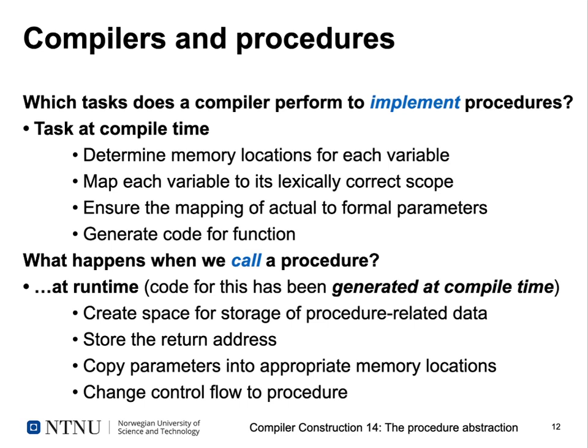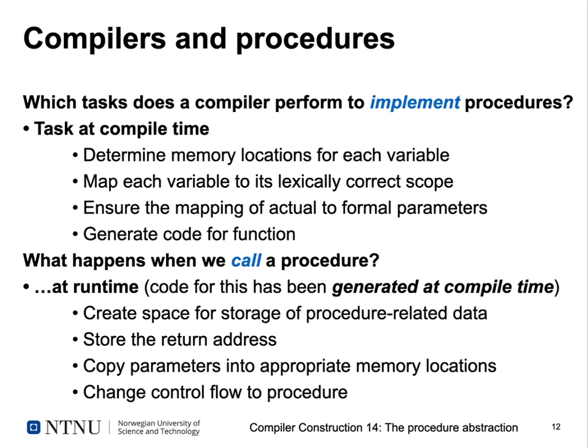But that's not all, because when we call a procedure, we need to ensure that all these conditions hold, so that we have a local block of memory to hold our local variables, that we store our return value, and so on. So at runtime, we need to execute a number of things. And in order to be able to do this, our compiler has to generate code for this at compile time already.